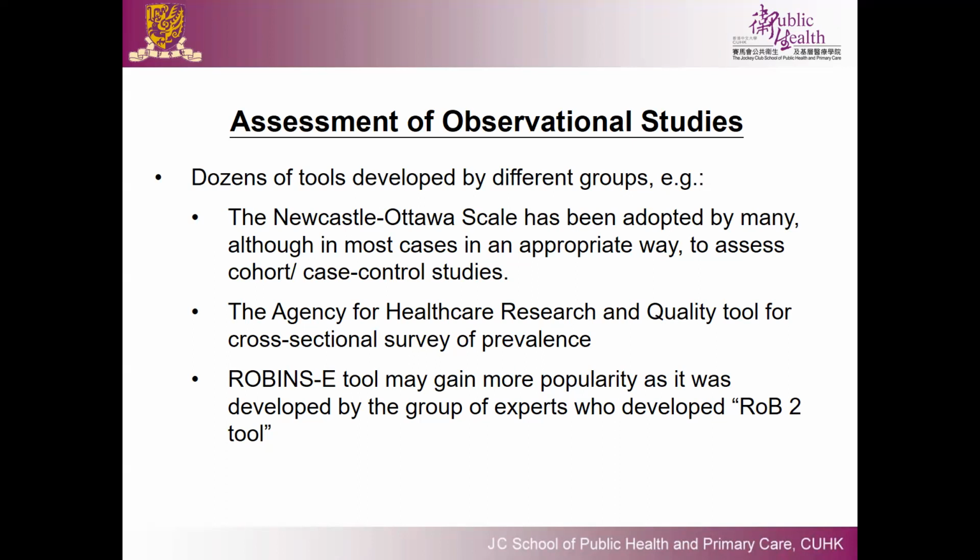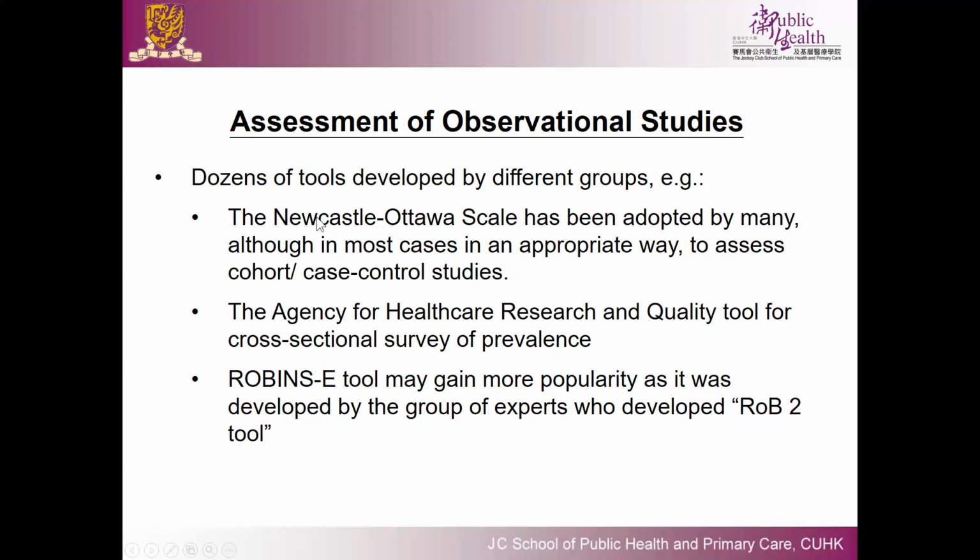I remember many years ago, there was a systematic review of the currently available tools for assessing observational studies. And they identified more than 60 different scales and checklists for the assessment. Okay, so it's very, very complicated. But among these tools, some are used more often than others.